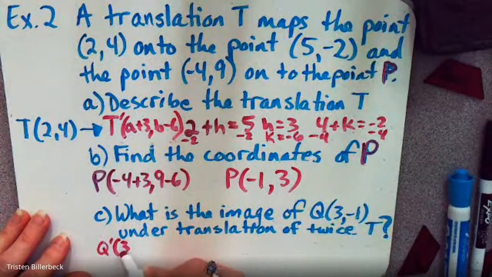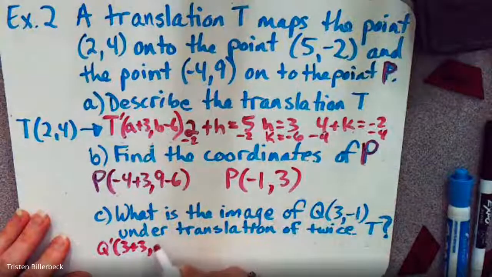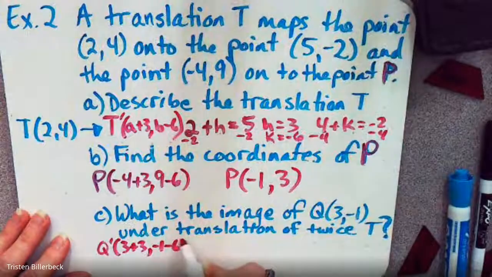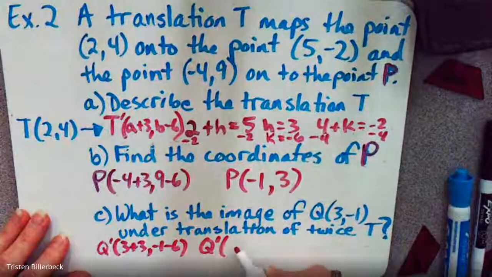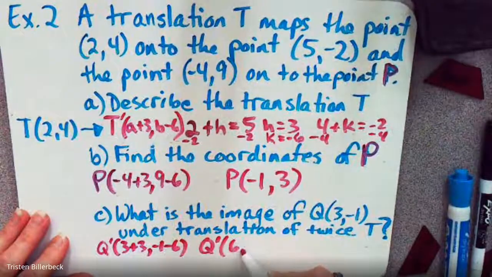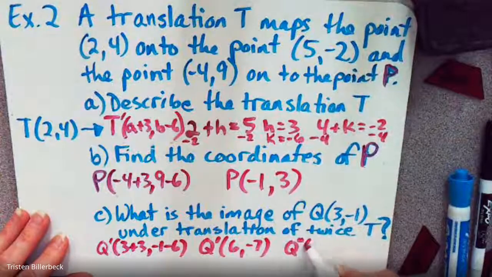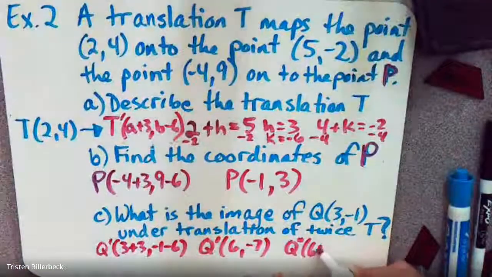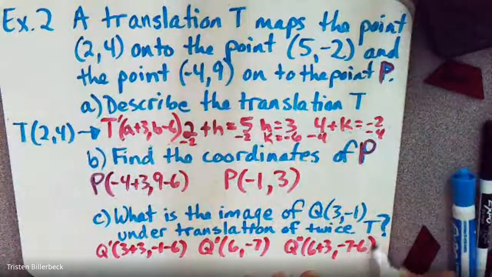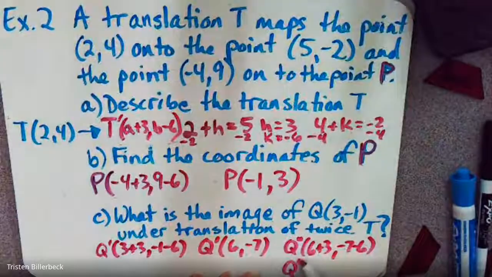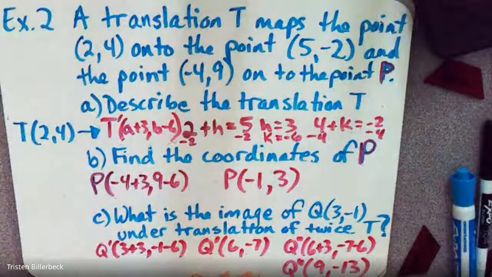So we're going to do 3 plus 3, comma, -1 minus 6. And that's going to give us Q prime of 6, -7. Q double prime would then just be 6 plus 3 and -7 minus 6. So we have Q double prime at 9, -13.